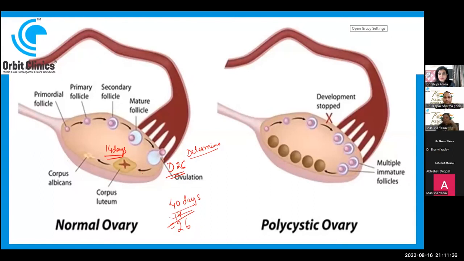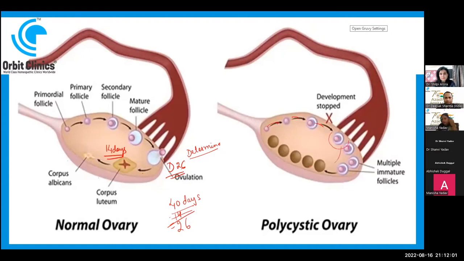What happens in polycystic ovary? As we already discussed in the previous lecture, the follicles reach a certain stage, but they will not ovulate. There are multiple follicles in each cycle that reach the immature follicular stage but do not ovulate.